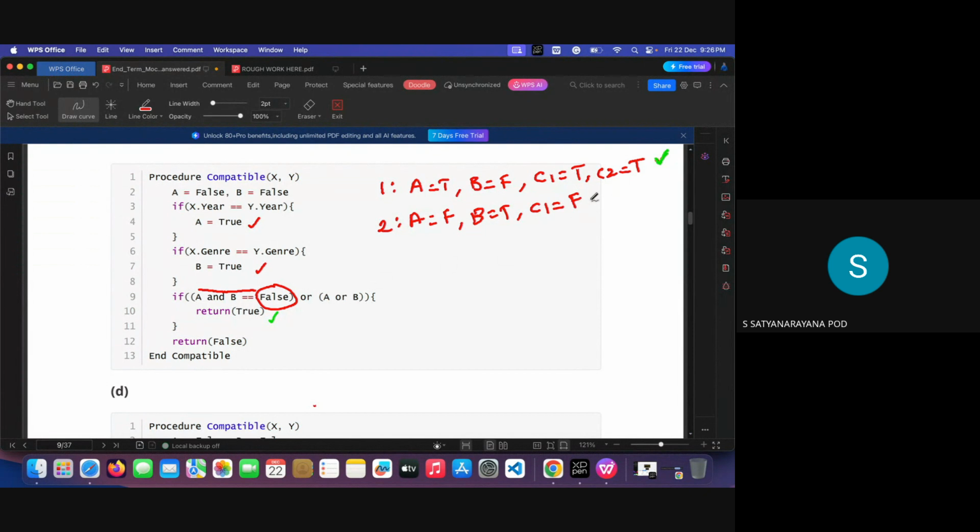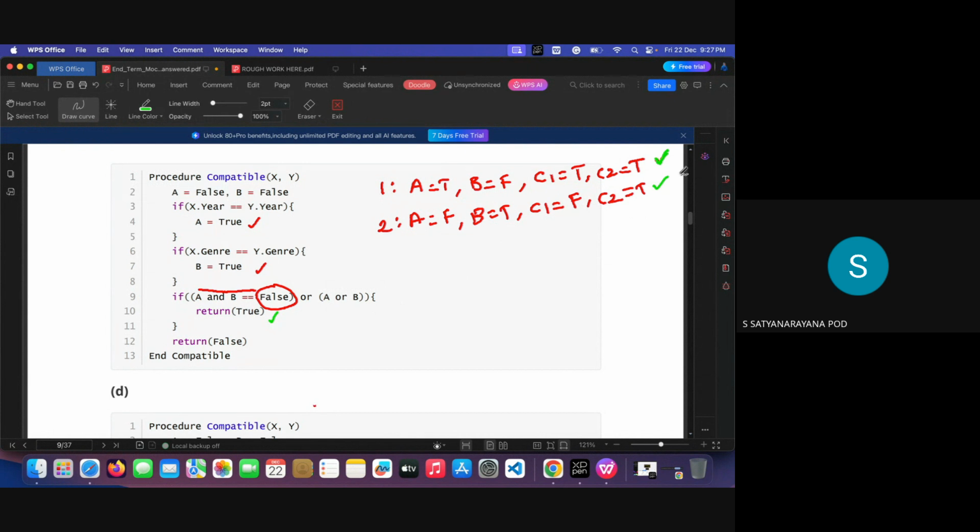False. Now let me go for the C2 condition. My C2 condition is checking either A or B, whether any one of them is true or not. Yes, B is true. So true. So here C1 is false or C2 is true, so this condition is also true. It's a valid case.